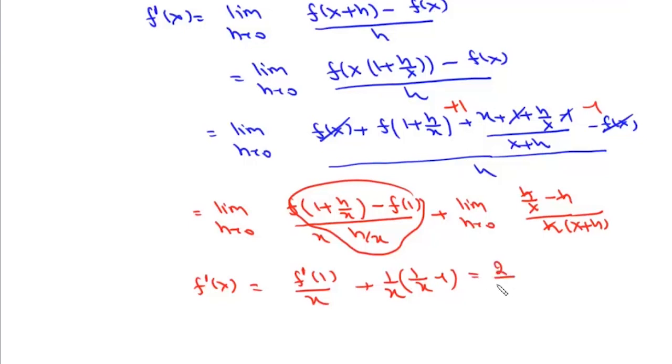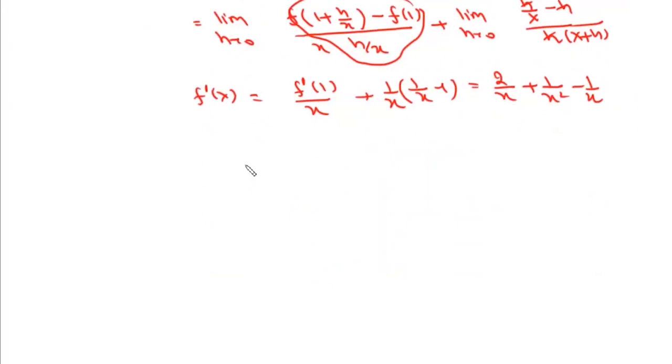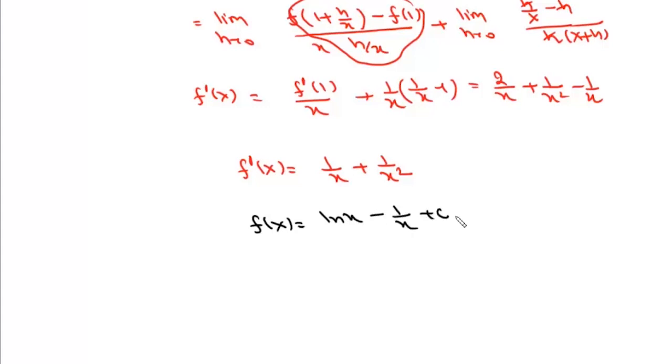it will be 2 upon x plus 1 upon x square minus 1 upon x, or we can write f dash x is 1 upon x plus 1 upon x square. Now we integrate this function, we can write f x equals log x minus 1 upon x plus c.